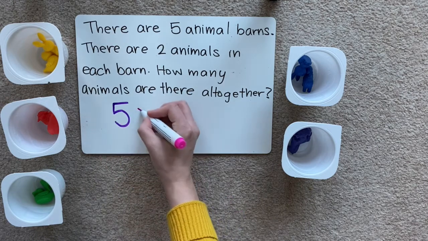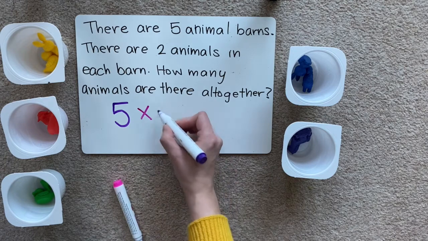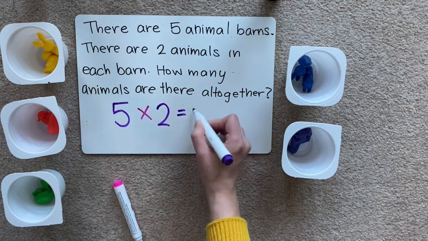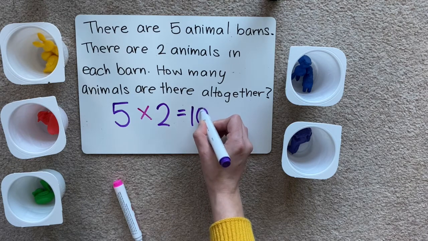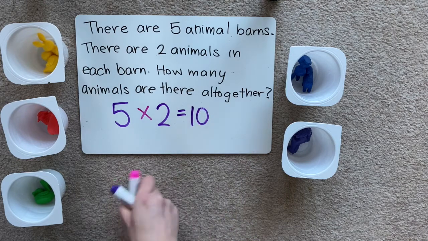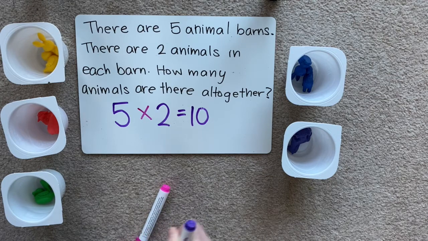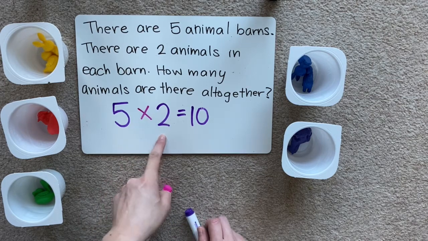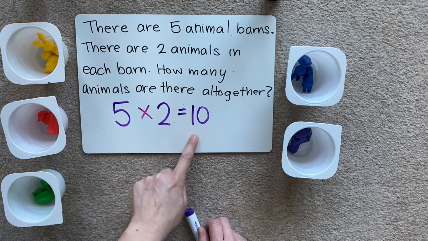5 groups of 2 is the same as 10. So we're going to do I say, you say. Ready? My turn first. 5 groups of 2 is the same as 10. Your turn.